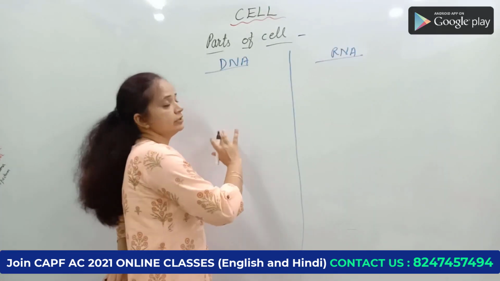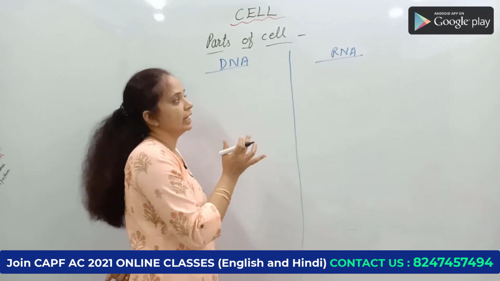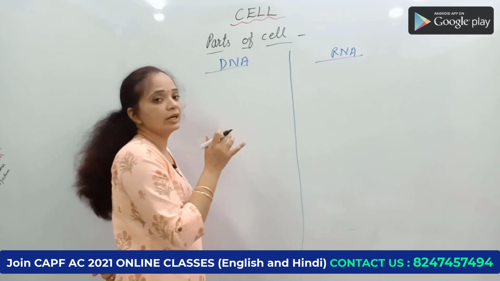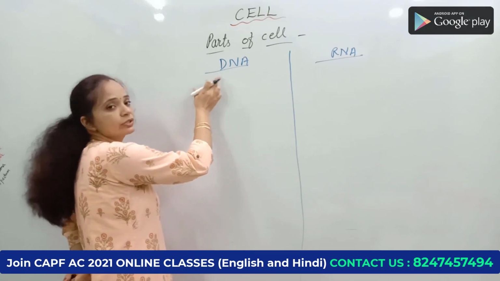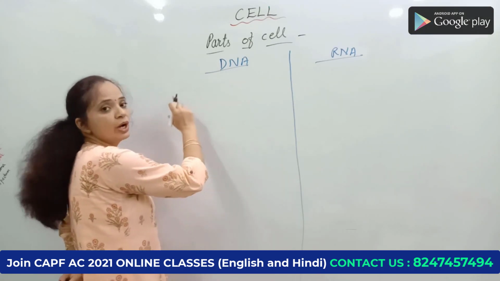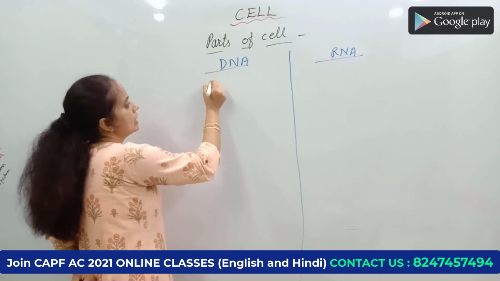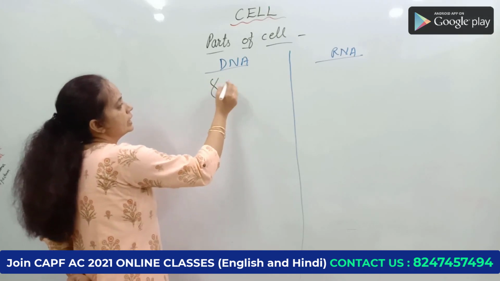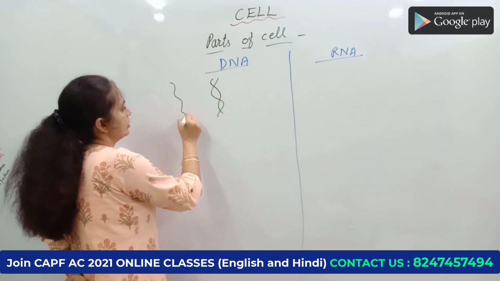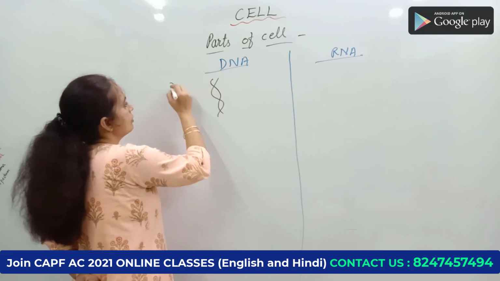Let's see the difference between DNA and RNA and simultaneously how they function. DNA stands for deoxyribonucleic acid, as I told you, and it's a double helix structure. Each strand is called a helix.